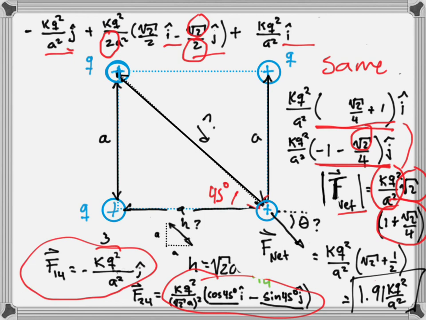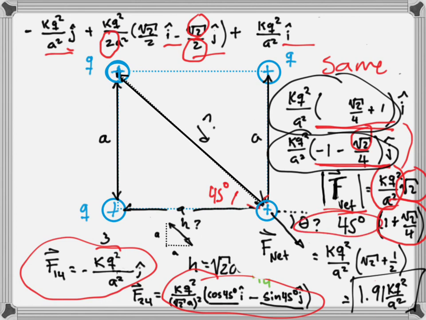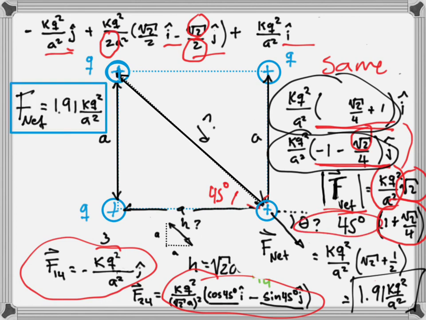The direction: in general, to find the direction of a vector, you do inverse tangent of the y component divided by the x component. In this case, we know that both components are identical, just one has a minus sign. So the answer is pretty simple. You could put it in your calculator, but that would be wasting time. The angle is going to be 45.